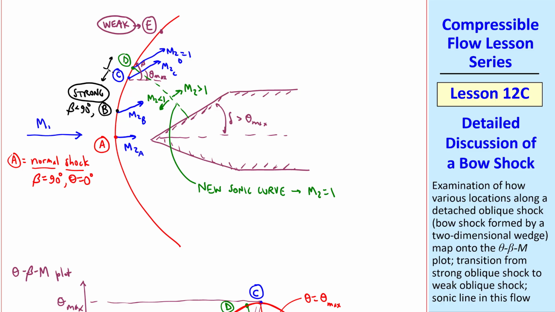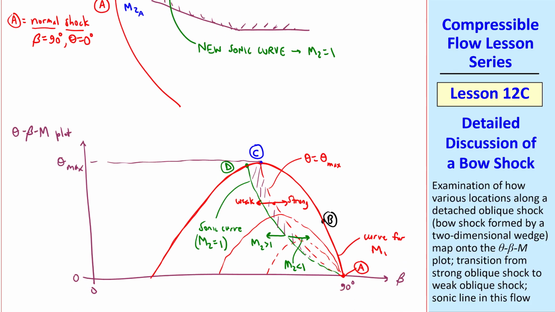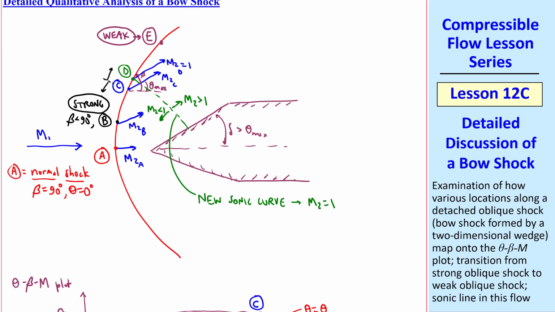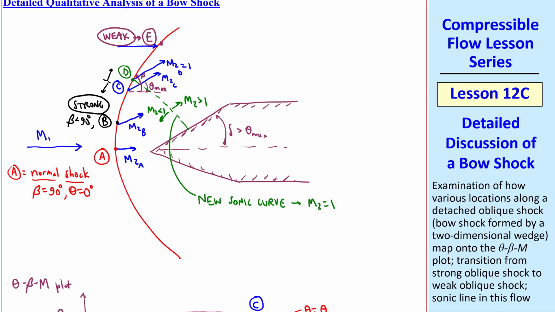Going back to E, this point E along the bow shock can be mapped onto our plot as somewhere here. Notice that theta continues to decrease from C on, and that we can see here, since at E, Mach number 1 is always the same, since Mach number M1 is the same everywhere to the left of the bow shock, but theta decreases and M2E gets bigger than M2D or M2C, etc., because it's a weak shock.